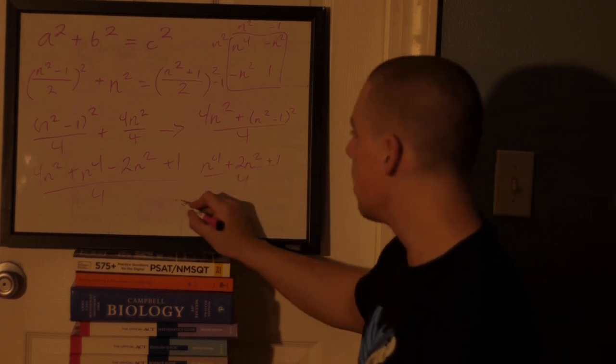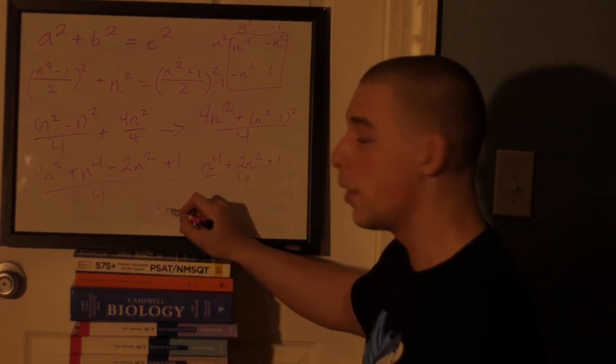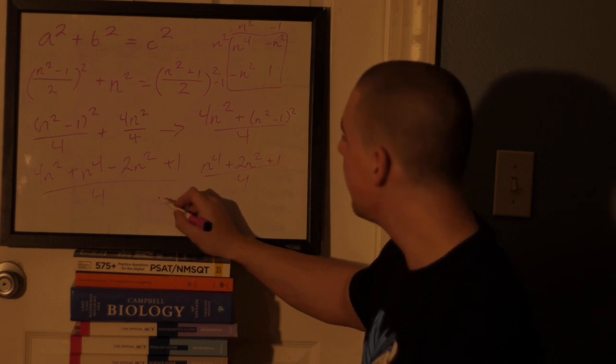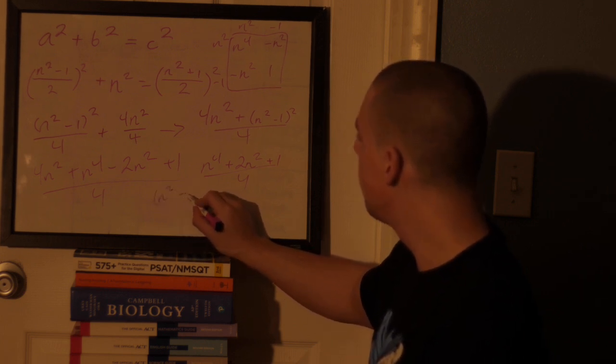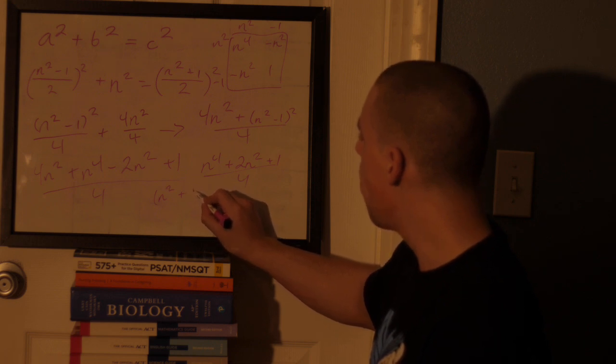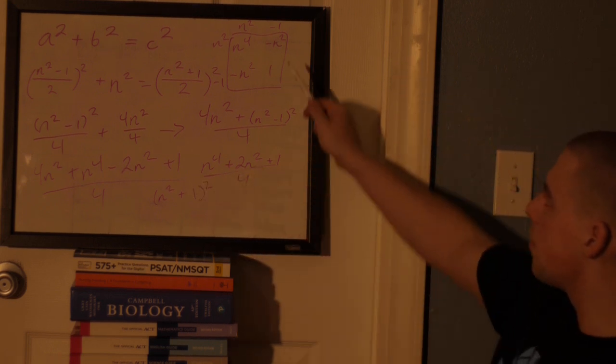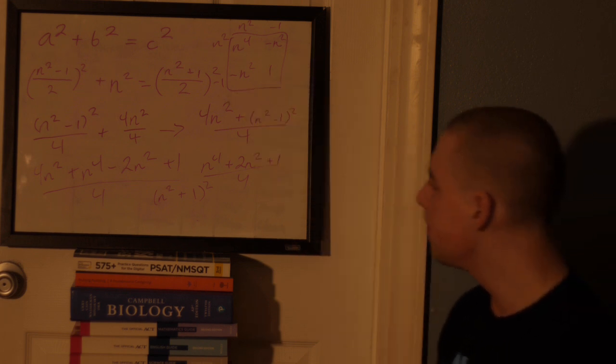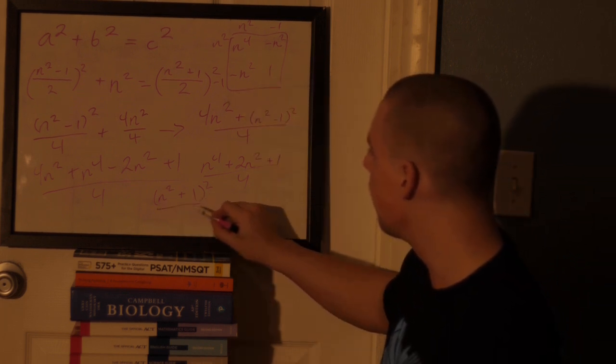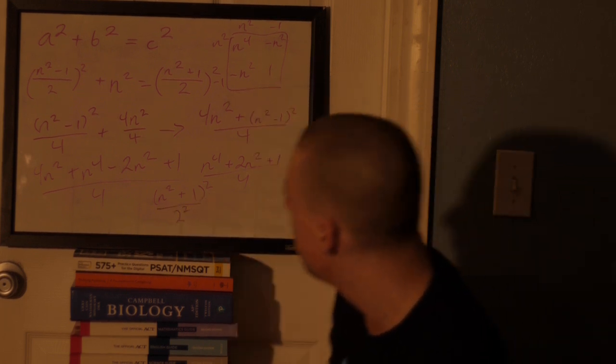I'm running out of space, but we can turn this into (n squared plus 1) squared by factoring that, and it's just the reverse of this, over 2 squared.